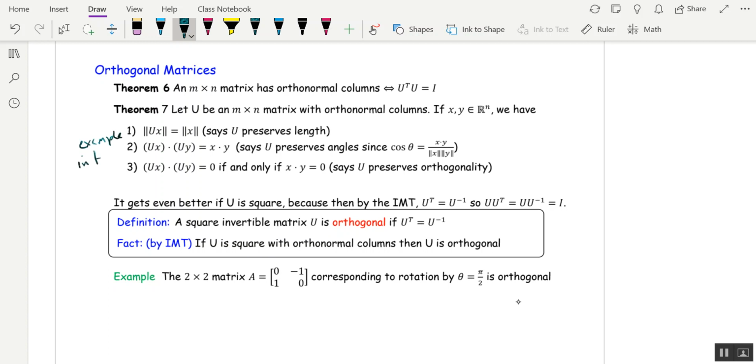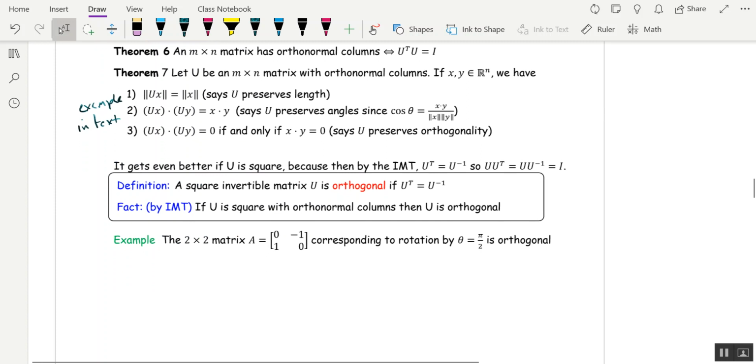Example in text. I want to jump down here to what an orthogonal matrix is. So if you have a square matrix, and it's invertible, it's orthogonal if its transpose is equal to its inverse. Okay, and if that's true, then it has all these nice properties.